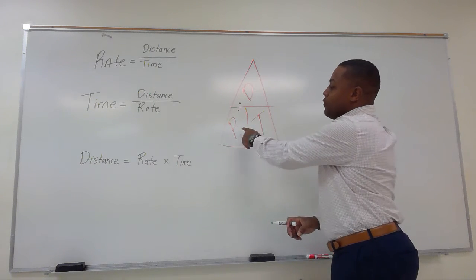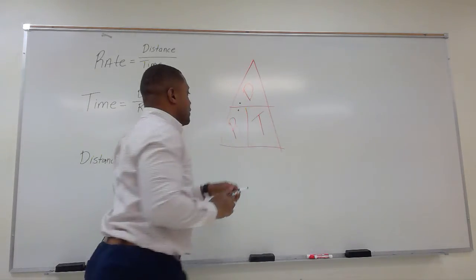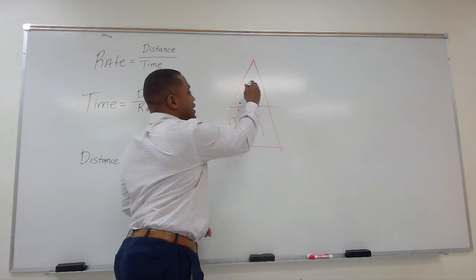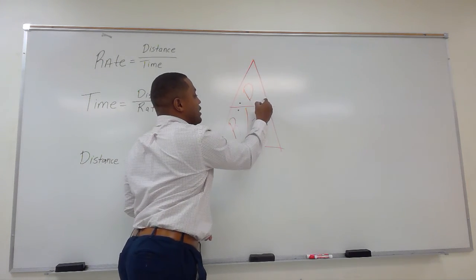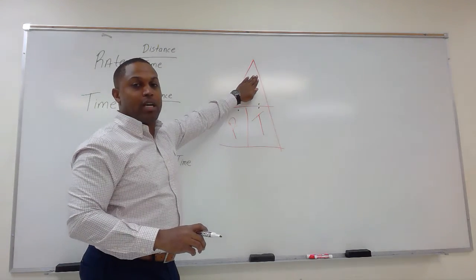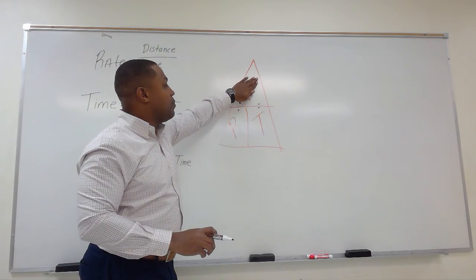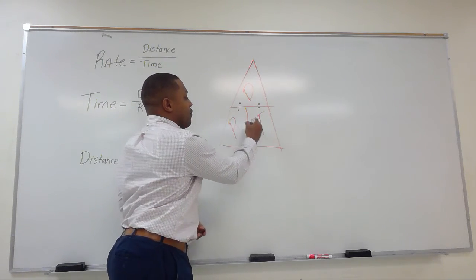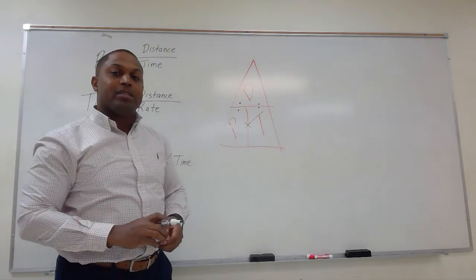If I'm looking for the rate, then I would cover that up, and this reminds me that it's D over T, distance divided by time. And if I'm looking for distance, I would cover that up, and that would remind me that in order to find distance, I have rate times time.